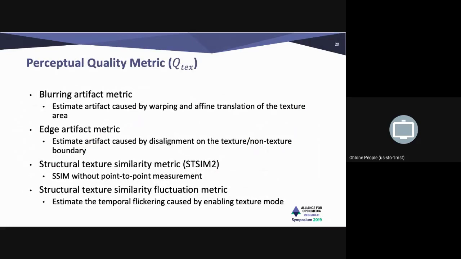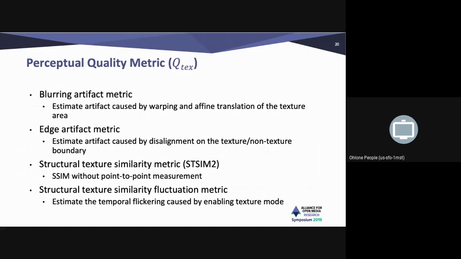All right, so here are the 4 components of this perceptual quality metric. First, the blurry artifact metric: we want to make sure that as we are warping the regions from the reference frame to the current frame, there is no error for the texture areas. Then we also want to ensure, using the edge artifact metric, that there is a good alignment between the texture and the non-texture regions in the frame.